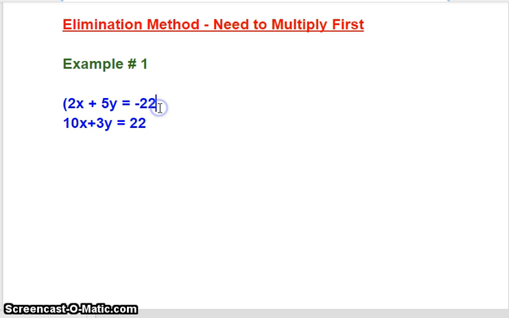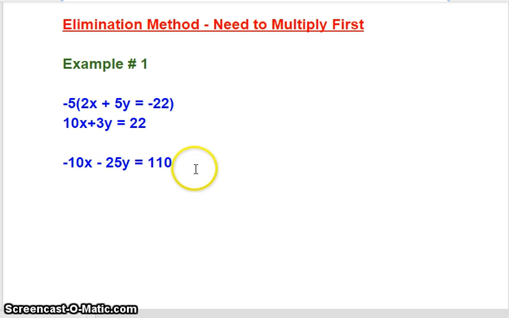The key is that I have to multiply everything by negative 5 in this equation. And when I do that, I'm going to come down here, rewrite that. I get a negative 10x plus, well actually we'll make that negative 25y, and that's going to equal positive 110.